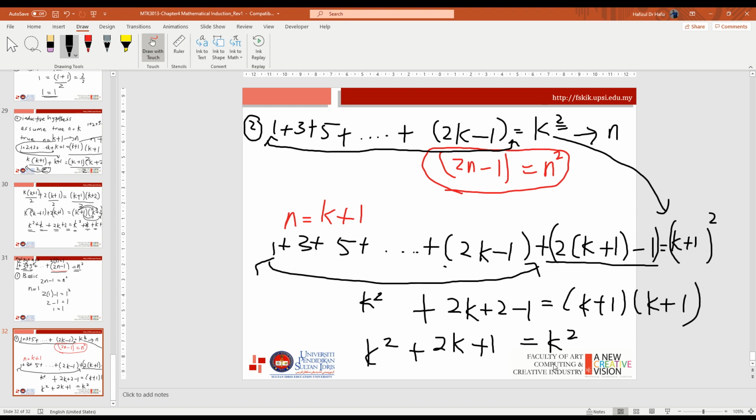This one we recall back the inductive k power of 2 plus k power of 2 plus k plus 1.